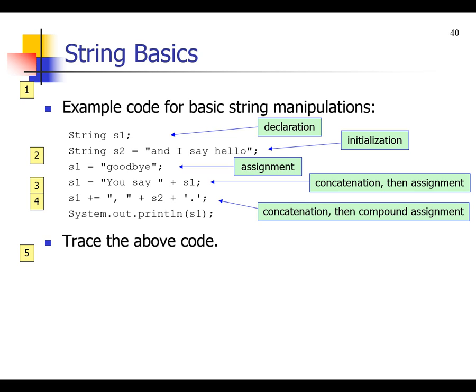So I'm going to add plus equals, add this with string 2, which is right here, and then I put a period. And then all I'm doing is printing out string 1. So what would it say? You say goodbye and I say hello. Exactly. That's all it says. Why don't they just print it in one statement?